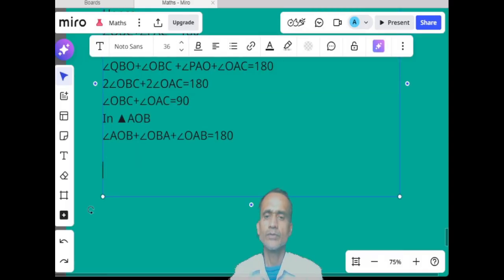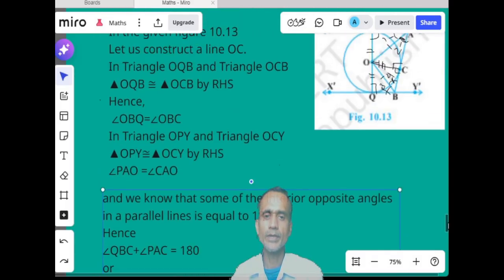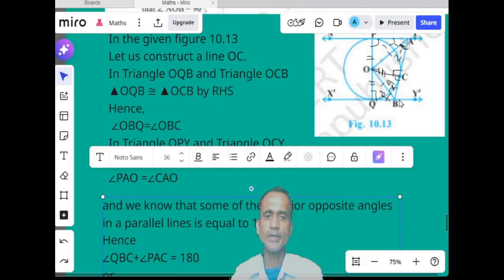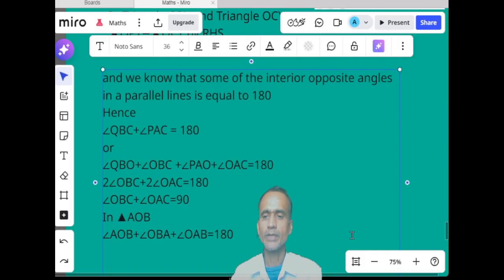So we go to triangle AOB. We know that this angle plus this angle is equal to 90 degrees, and the sum of the three angles of a triangle is 180 degrees. So AOB plus OBA plus OAB is equal to 180 degrees. But we already know that this plus this, these are the same angles, is 90.